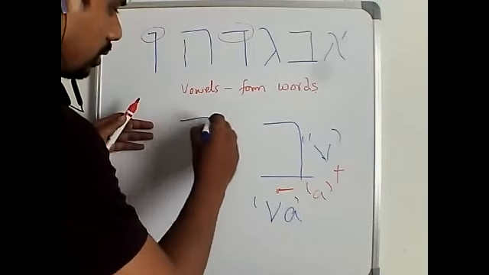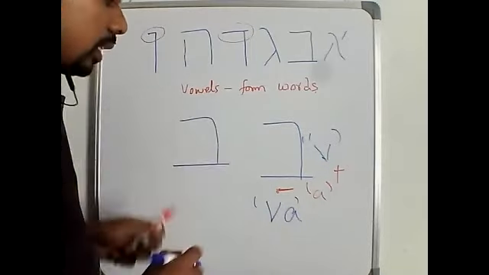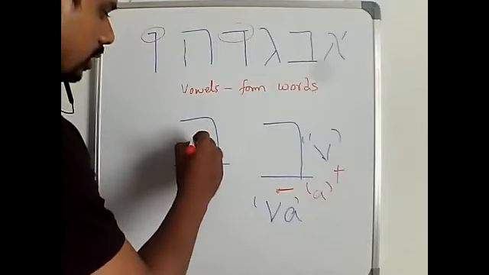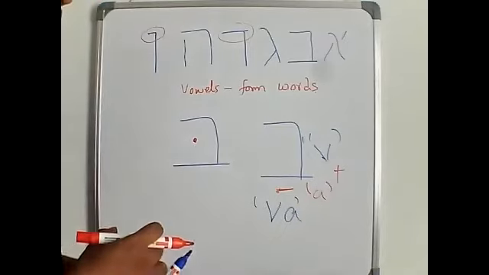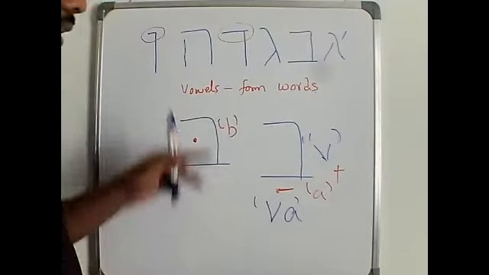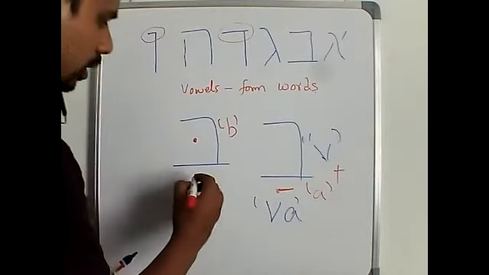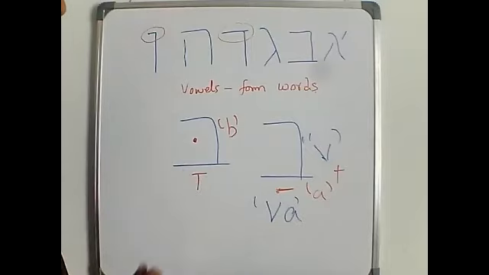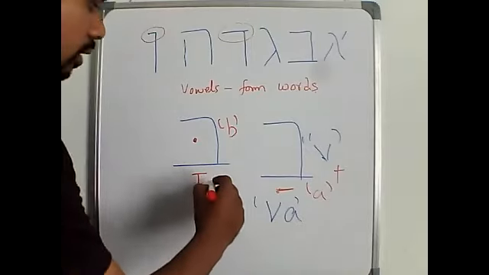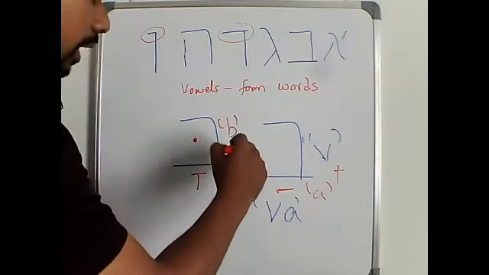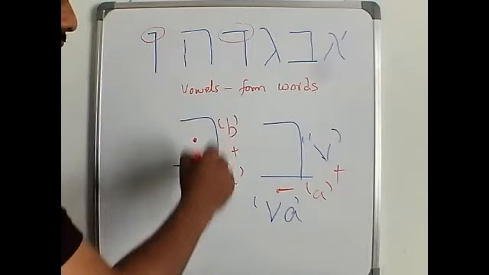Here, this is the letter Beit, and if there is a dot inside, what is the sound of this letter? It is B. Now, if you have a small T under this, what is the sound of this T? It is A. So you have to add these two.